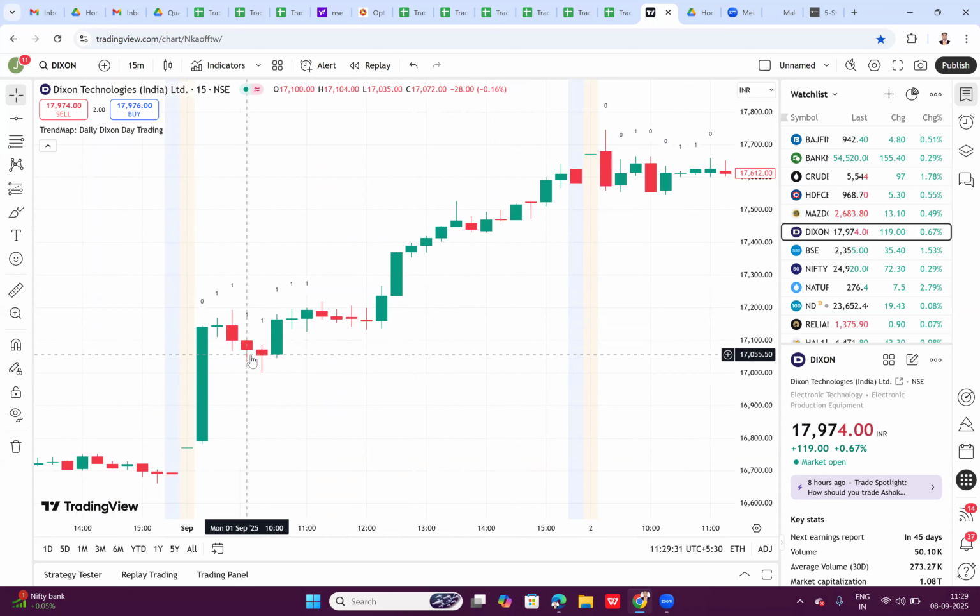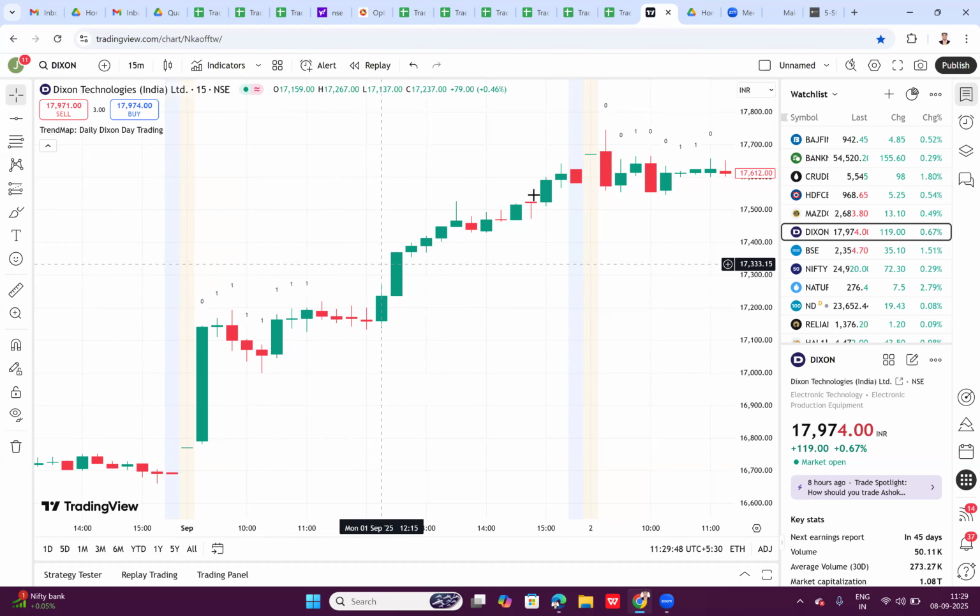Everyone can trade with 600 quantity if they have a capital of 1,20,000. So with this capital, we first booked half quantity in profit of 9,000.